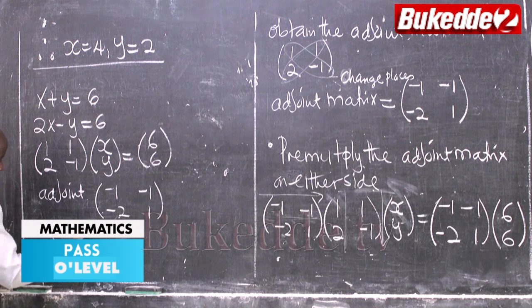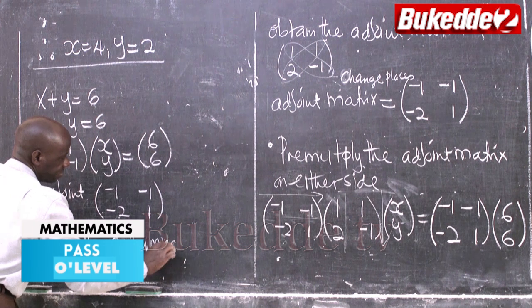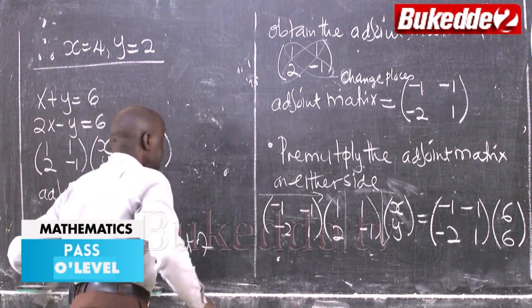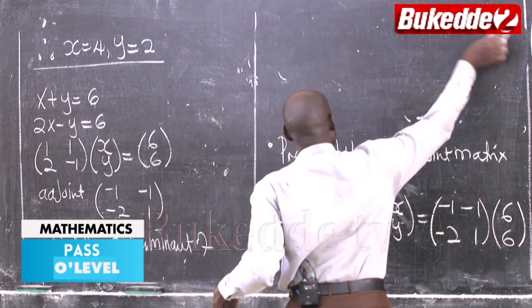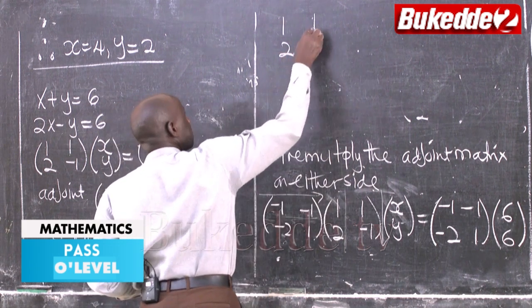Find the determinant of the matrix 1, 2, 1, negative 1.